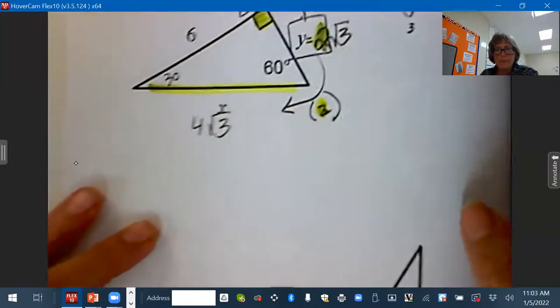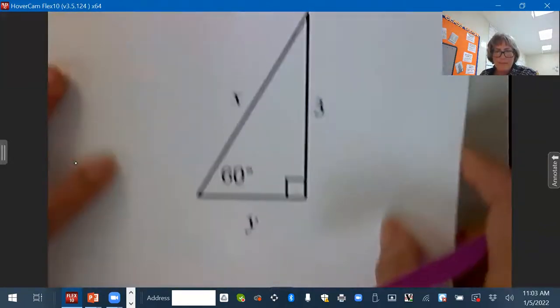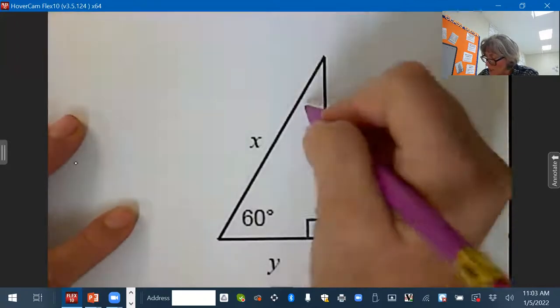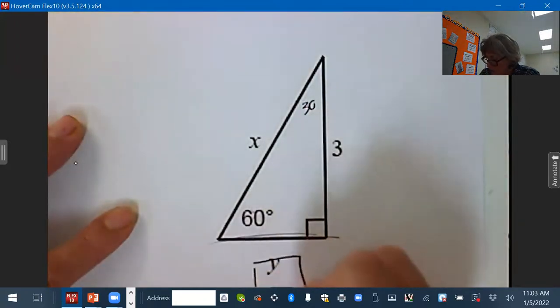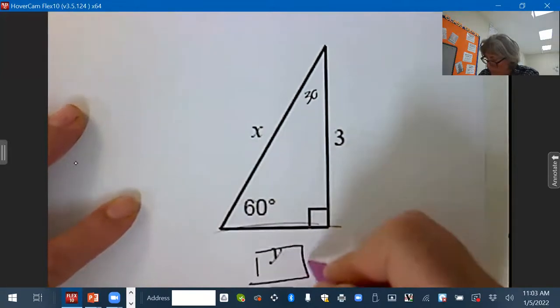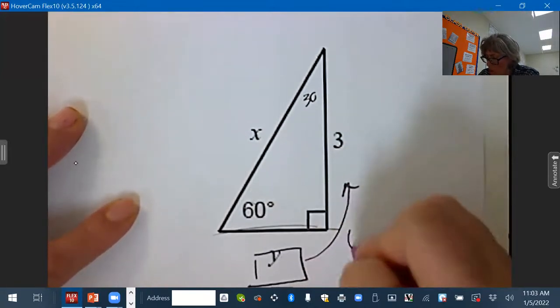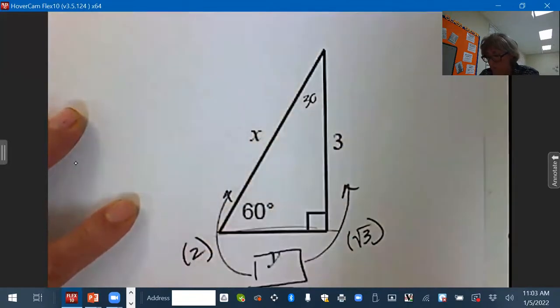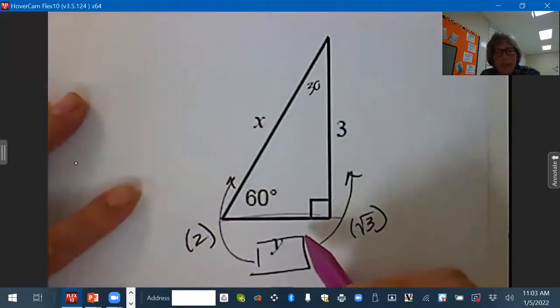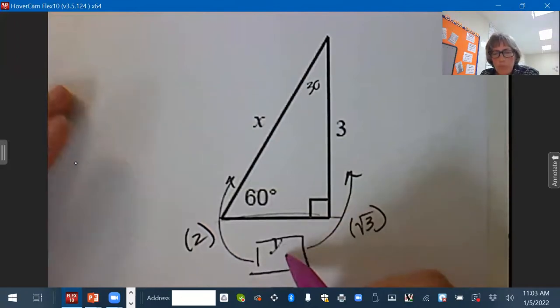Let's try another one. 30, 60, 90. Identify your short leg. There it is. Short leg. Going towards the long leg, times by root 3. Going towards the hypo, times by 2. It reads like this.